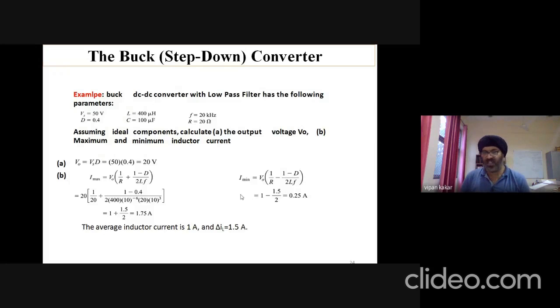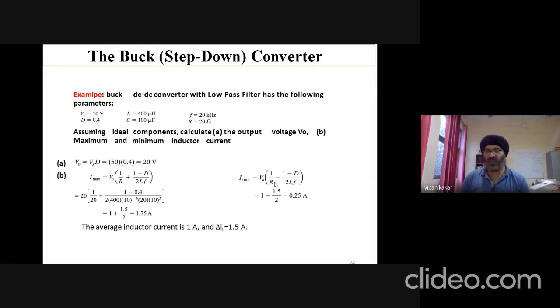So just by changing these parameters, L, F, R can be fixed because load can be fixed. We can change the load also, but these are the design parameters. L, which is a design parameter, means we can use this inductance value to design buck converter. F, switching frequency of these switches.